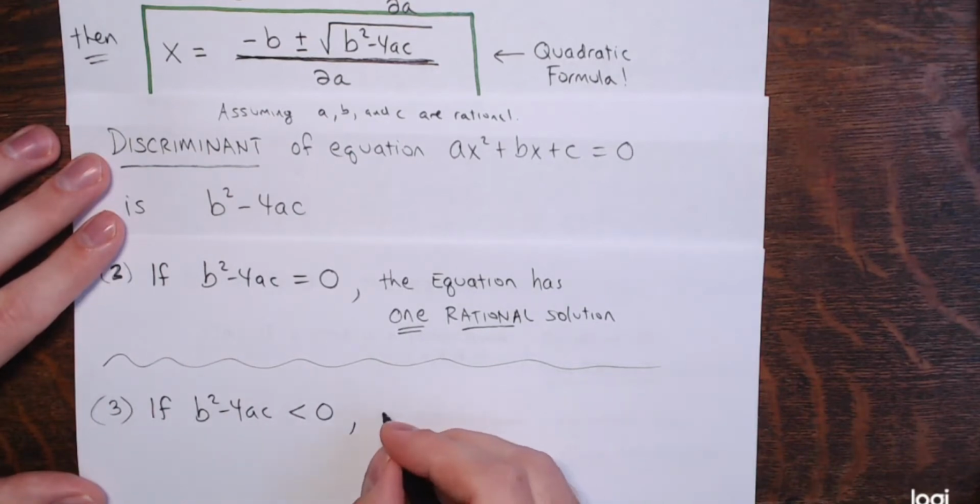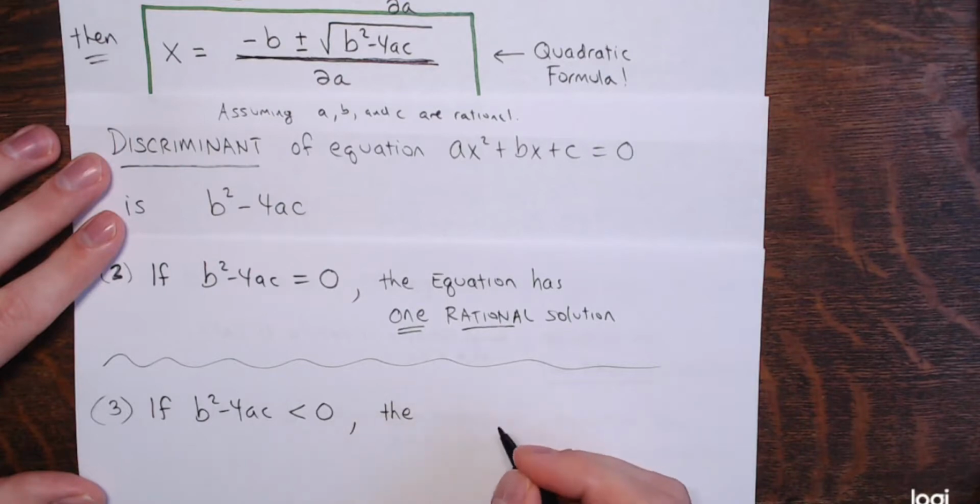So the equation will have two complex solutions with an imaginary part, but in this text they're just saying two complex solutions. Even though every number is complex, right?